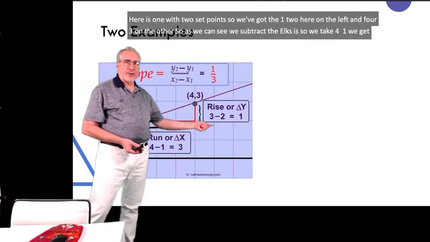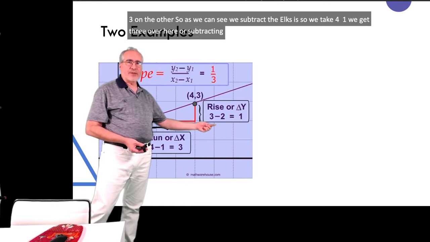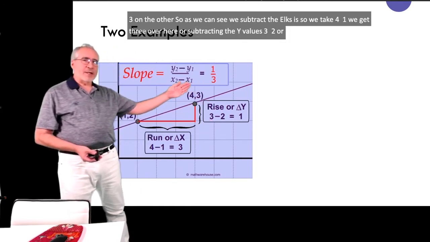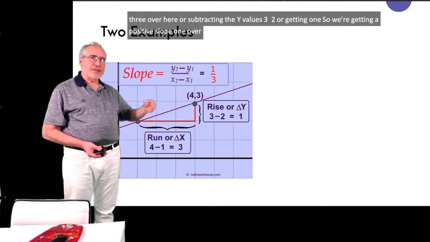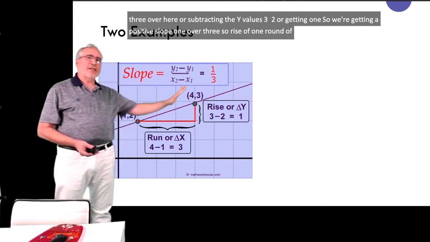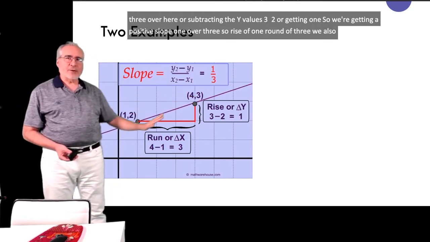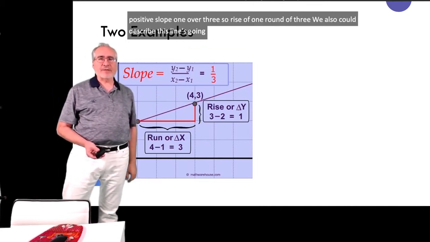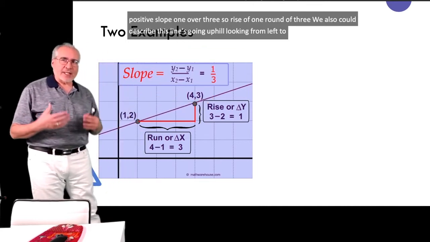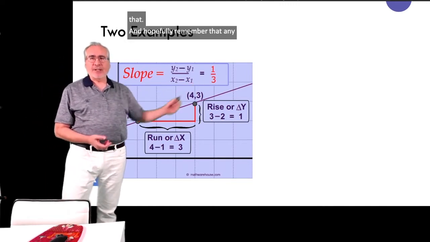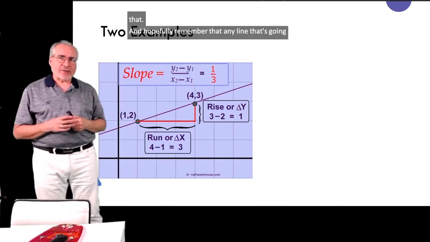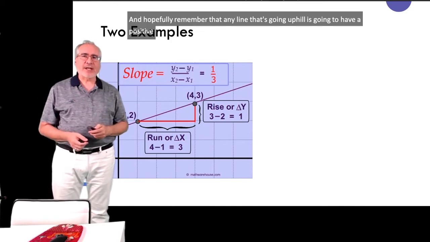Over here, we're subtracting the y values. 3 minus 2, we're getting 1. So we're getting a positive slope, 1 over 3. So rise of 1, run of 3. We also could describe this line as going uphill, looking from left to right. And hopefully remember, that any line that's going uphill is going to have a positive slope. So it'll have a positive value.